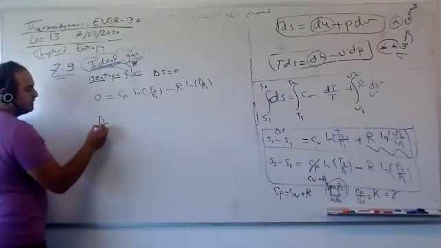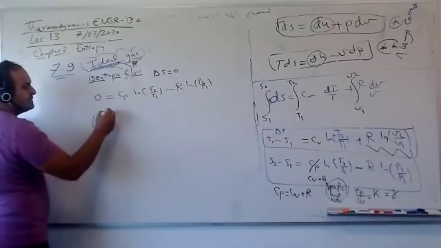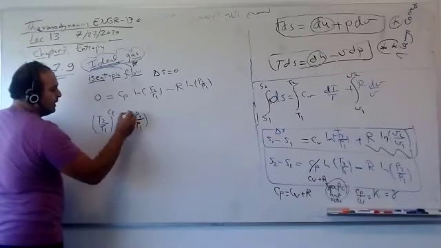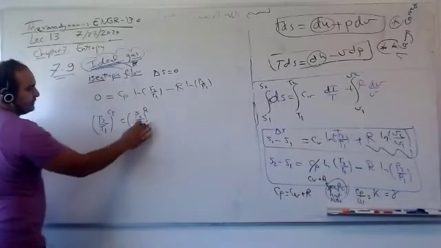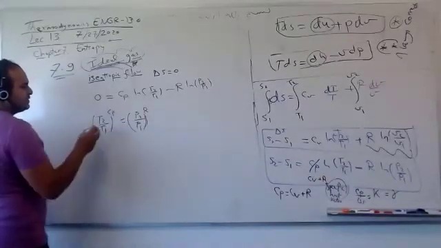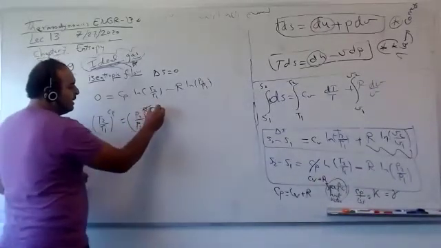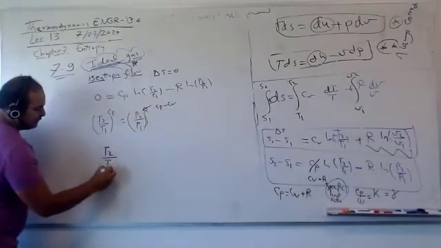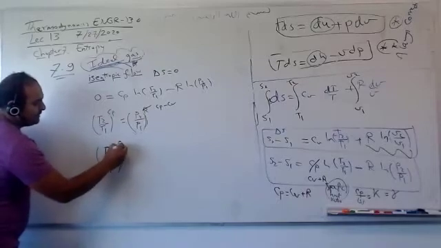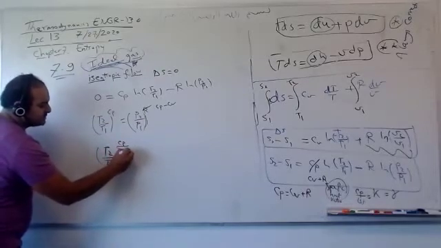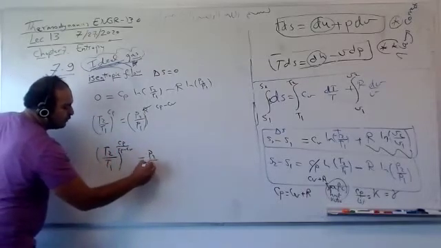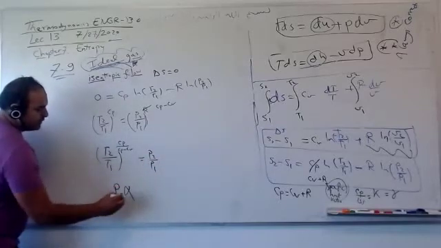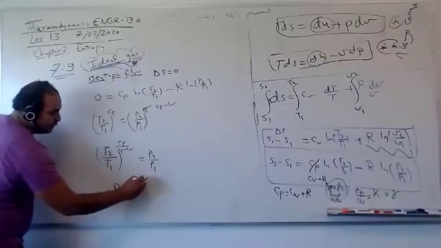So T2 over T1 to the power Cp equals P2 over P1 to the power R. R, guys, is actually Cp minus Cv. So T2 over T1 to the power Cp divided by Cp minus Cv equals P2 over P1, which is P proportional to T to the K over K minus 1.